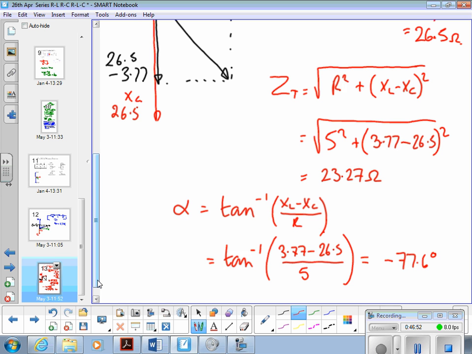Alright, and is that angle less than what it was when we had the capacitor without the inductor? 79, so it's reduced that angle by 2.3 degrees. Not much, but considerably smaller than the reactance to the capacitor.